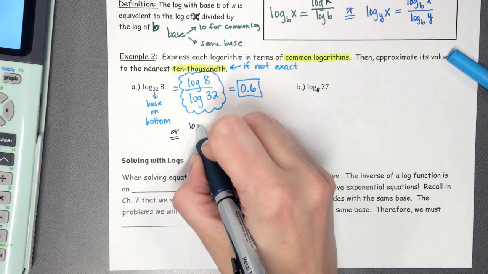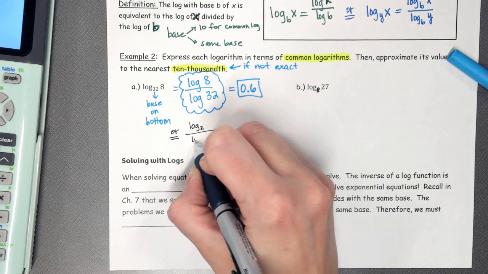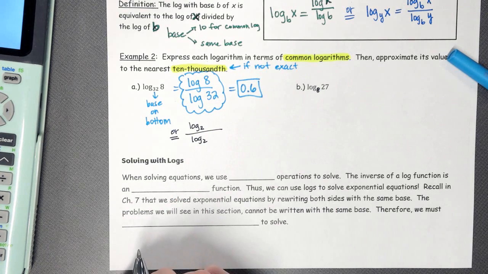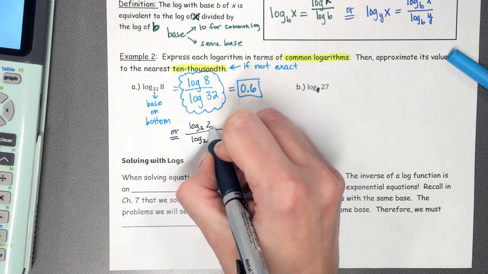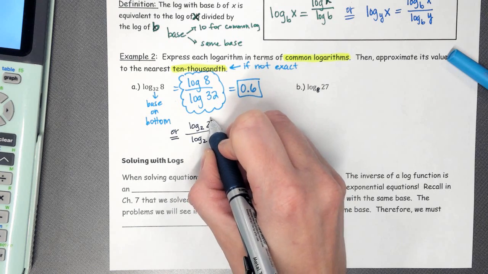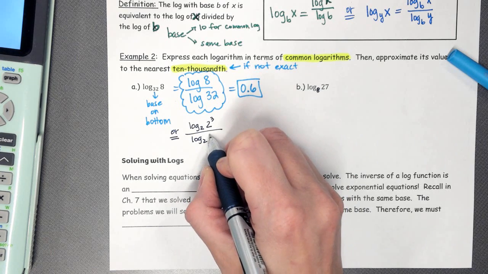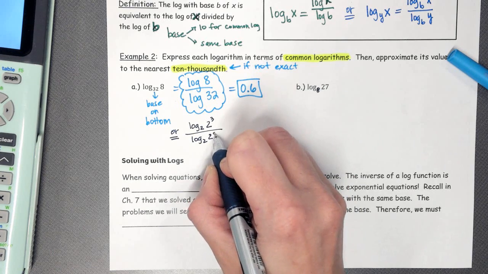Let's figure out how we could do that. So let's rewrite it with log base 2. If I rewrite it with log base 2, 8 would be written as 2 to what power? The third. And 32 would be written as 2 to the fifth.